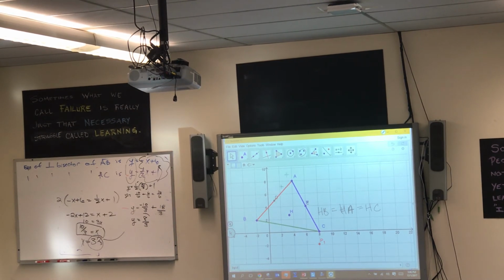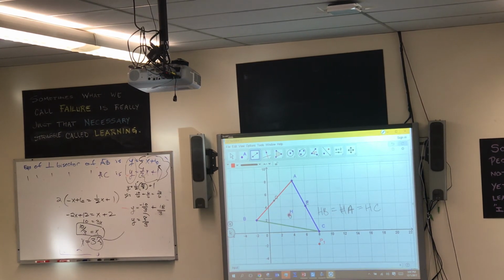Let's say I have just H to A. I don't think I can really do this the right way because of the way my mouse works. If I walk H to A, and now I swivel that and get H to B, and then swivel that and get H to C, and then swivel that back to get H to A, what shape would I have just traced out? Circle.